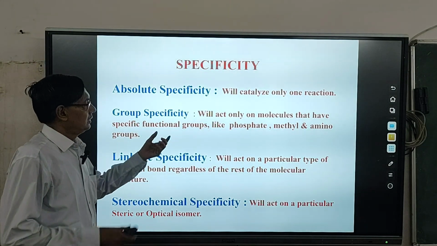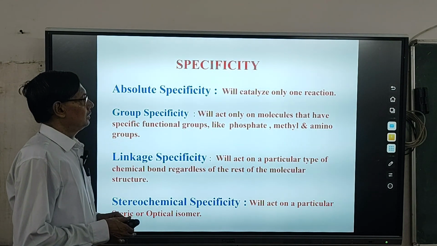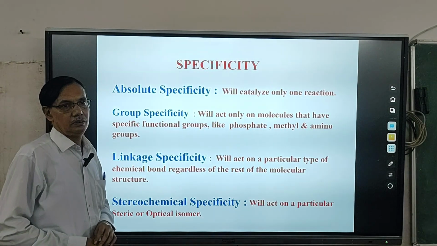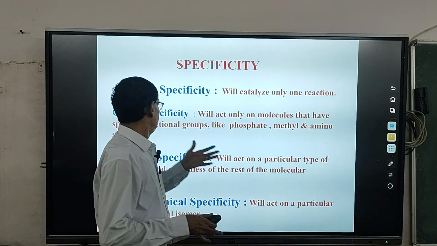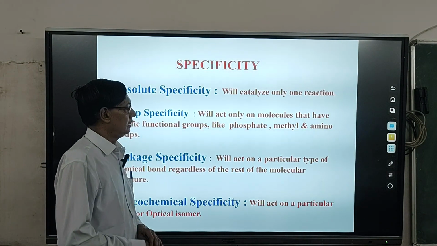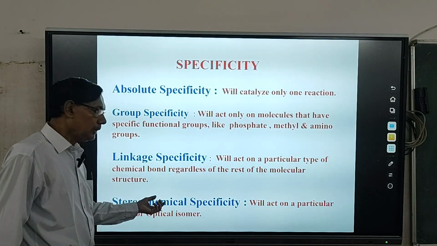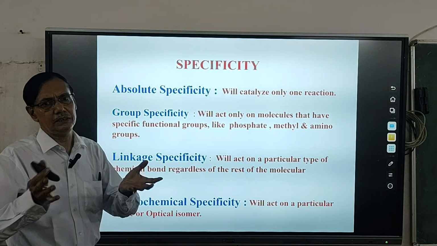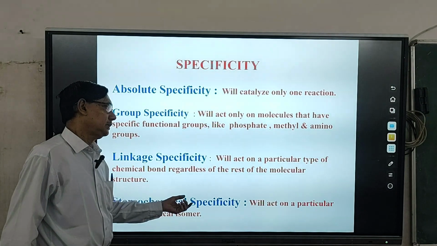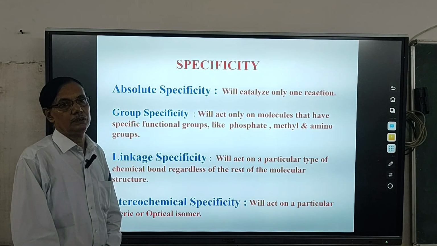Sometimes, since there are amino acids and a large number of functional groups, an enzyme will act only on molecules that have a particular function; we call it group specificity. Then linkage specificity acts on a particular type of chemical bond. And, as in organic chemistry where conformation analysis is very important, stereochemical specificity acts on a particular steric or optical isomer.